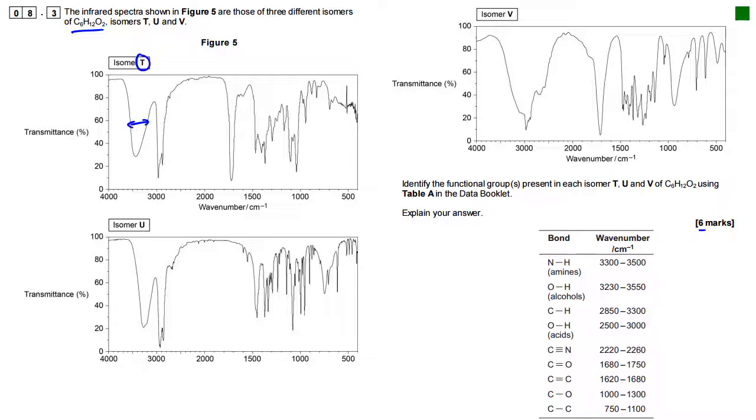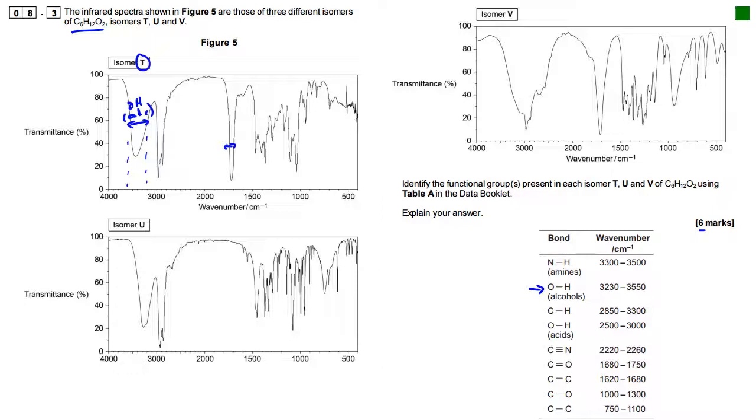We can quickly recognize this peak here as an OH from an alcohol, 3230 to 3550. Yeah, so that's the OH from the alcohol. And this is another interesting peak here. This is about 1700 and so, isn't it?